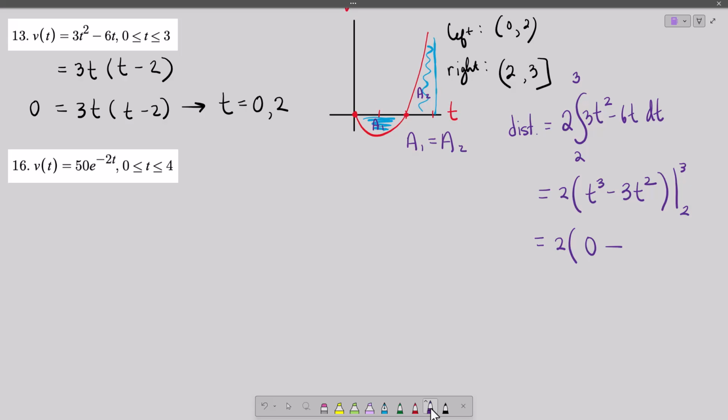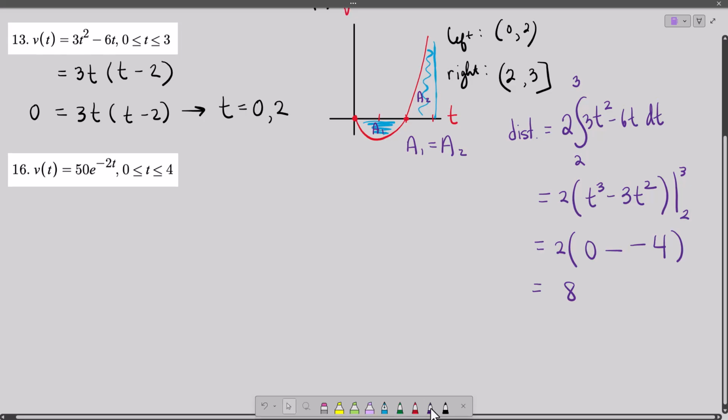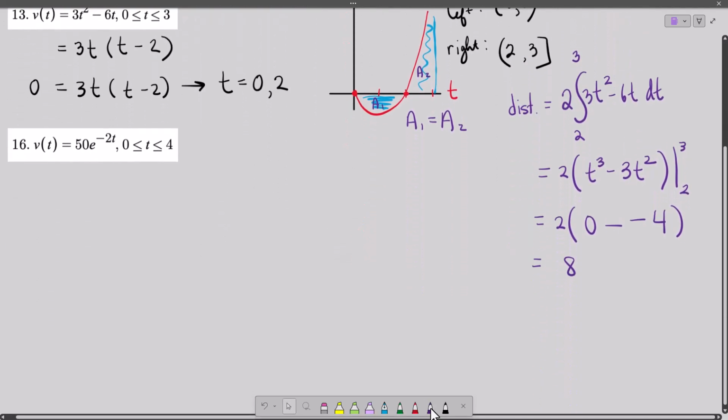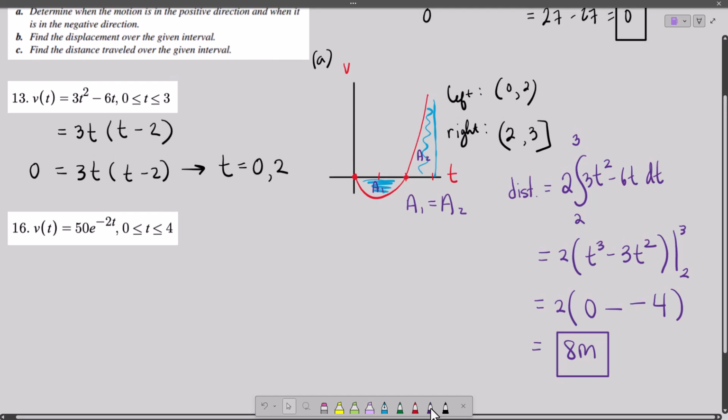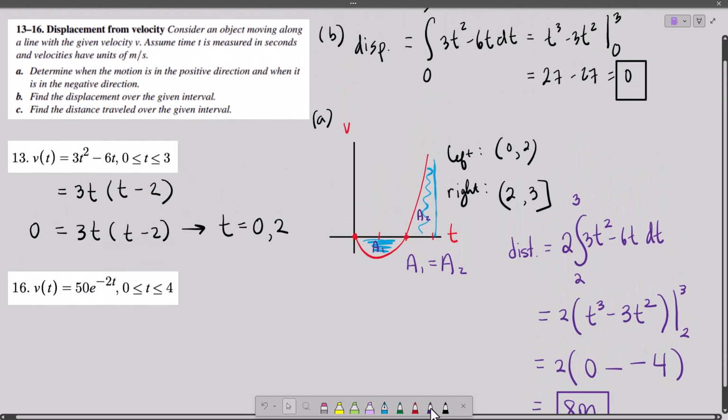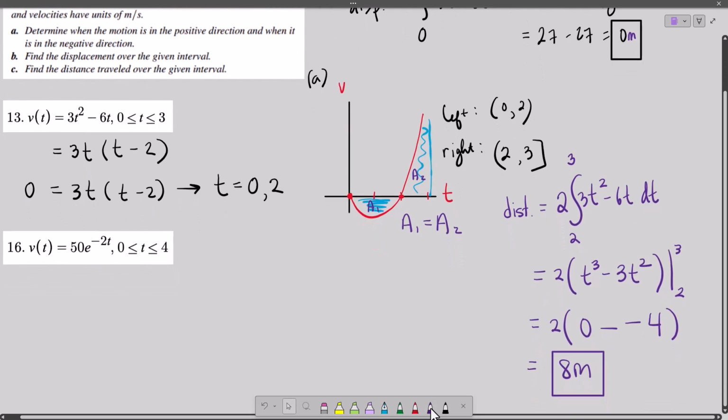Plugging in the 2 is going to give us 8 minus 12. 8 minus 12 is -4. So we end up with 8. And they didn't give us units, or they did? They gave us meters, so this is going to be 8 meters. So distance traveled is 8 meters, and this is 0 meters up there for displacement.